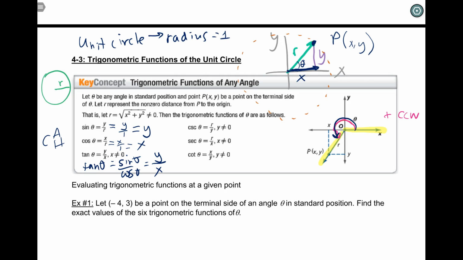A unit circle just means 1. A single unit is 1. So you could summarize this point by saying your point is cosine of theta, comma, sine of theta, because your cosine is equal to your x and your sine is equal to your y.